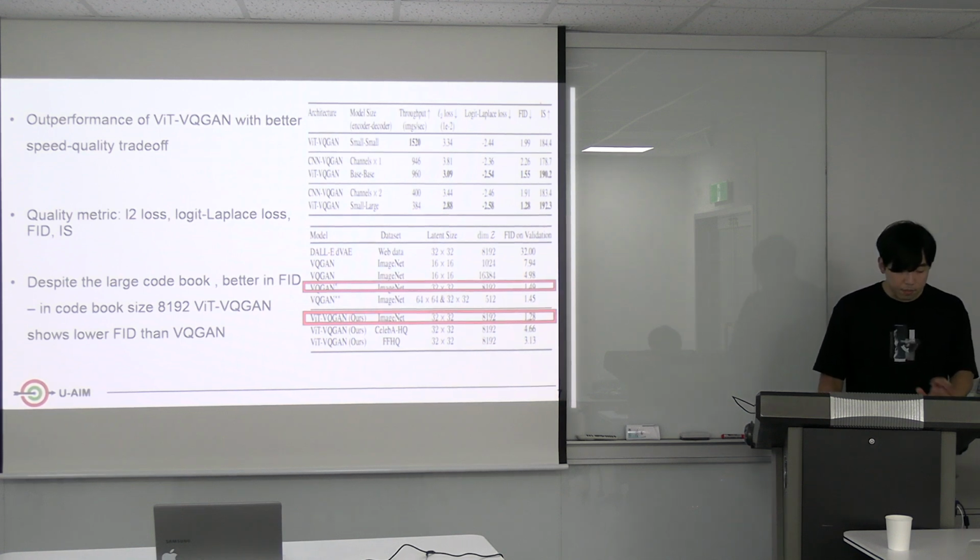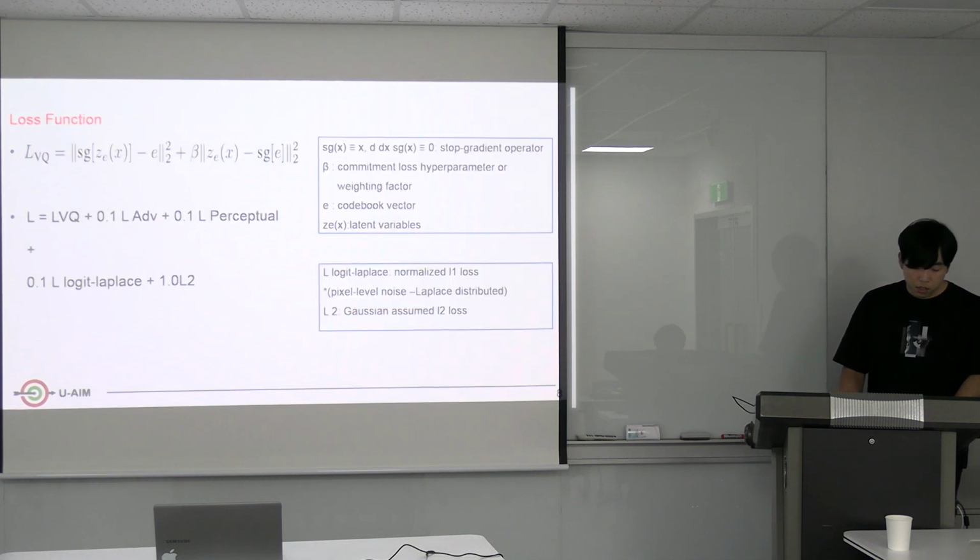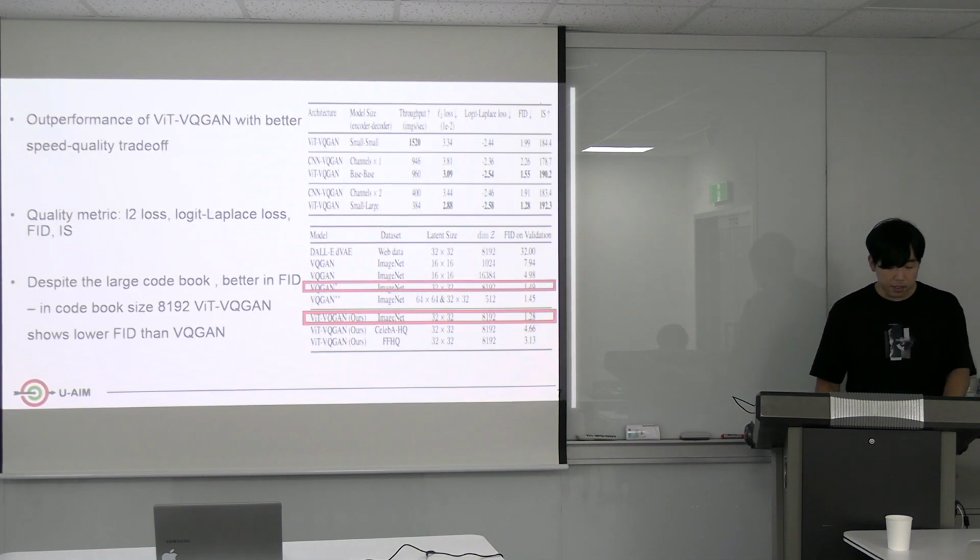The Fréchet Inception Distance compares the distance between the distribution of generated and actual images, whereas Inception Score IS measures the distribution of images. Also with the same dataset, latent size, and dimension, ViT-VQGAN shows less FID compared to VQGAN.